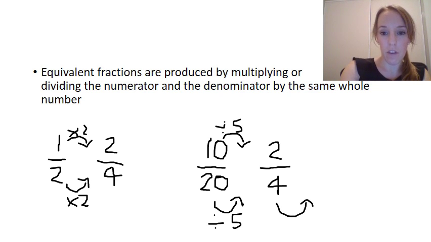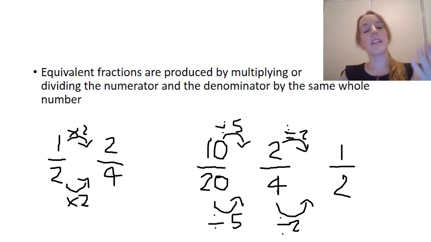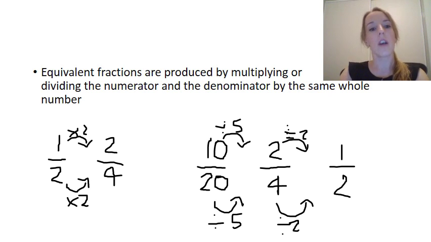Again, we could take that further and we could divide by 2 and divide by 2. And 2 divided by 2 is 1, 4 divided by 2 is 2. So you can see that 10/20, 2/4, 1/2, they're all equivalent fractions, and I created all those equivalent fractions by doing division. So equivalent fractions are produced by multiplying or dividing both the numerator and the denominator by the same whole number.